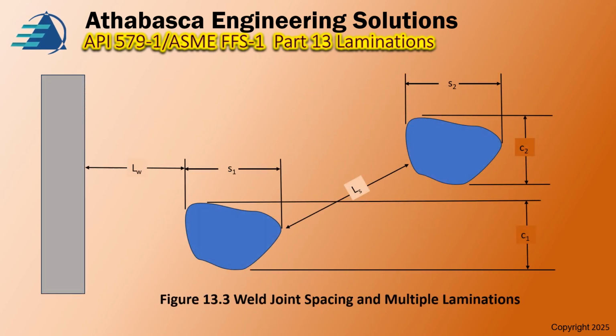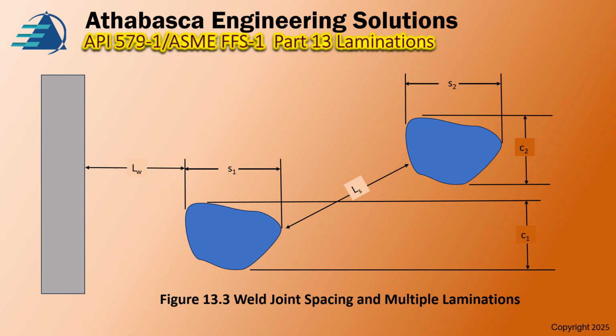Some more geometry we have for you. This is figure 13.3, the weld joint spacing for multiple laminations. Recall we're going to examine multiple ones. So then it's just straight math. We have S1 and C1, S2 and C2, and so on for each flaw.